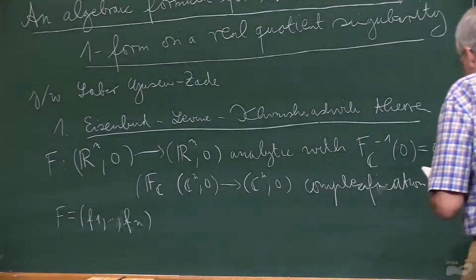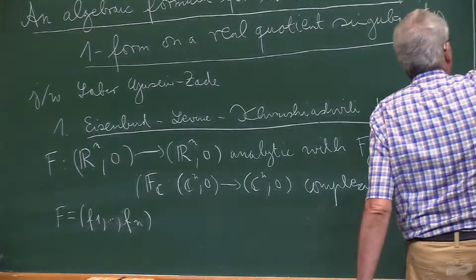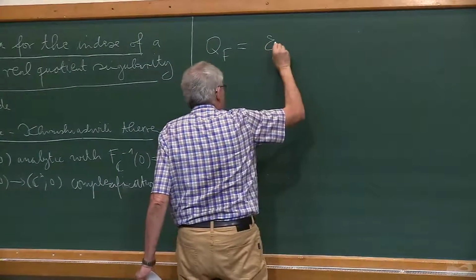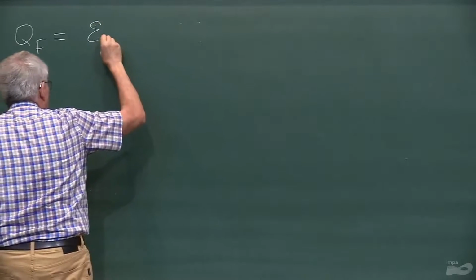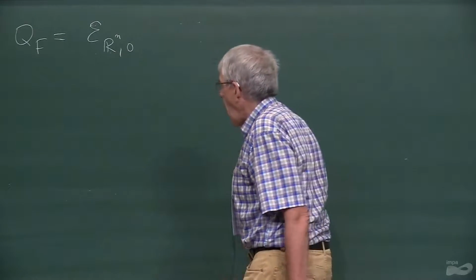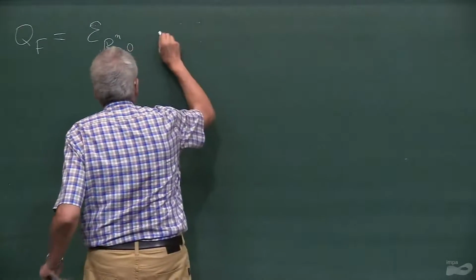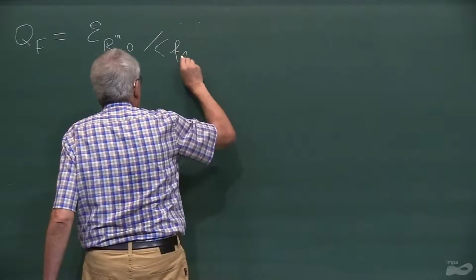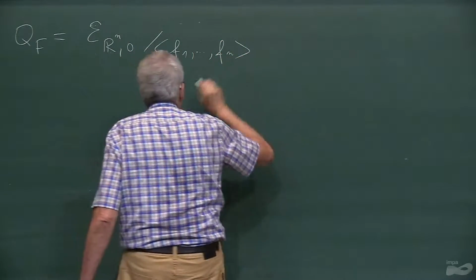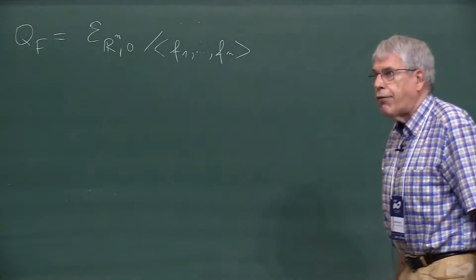And then one has the Milnor algebra Q_F, which is the algebra of germs of analytic functions on R^n, divided out by the ideal generated by these coordinate functions f_1 up to f_n.